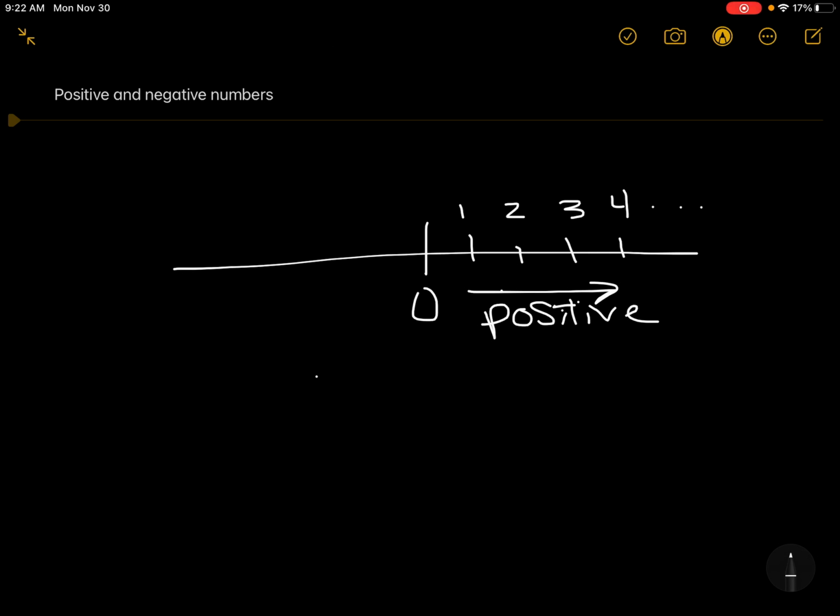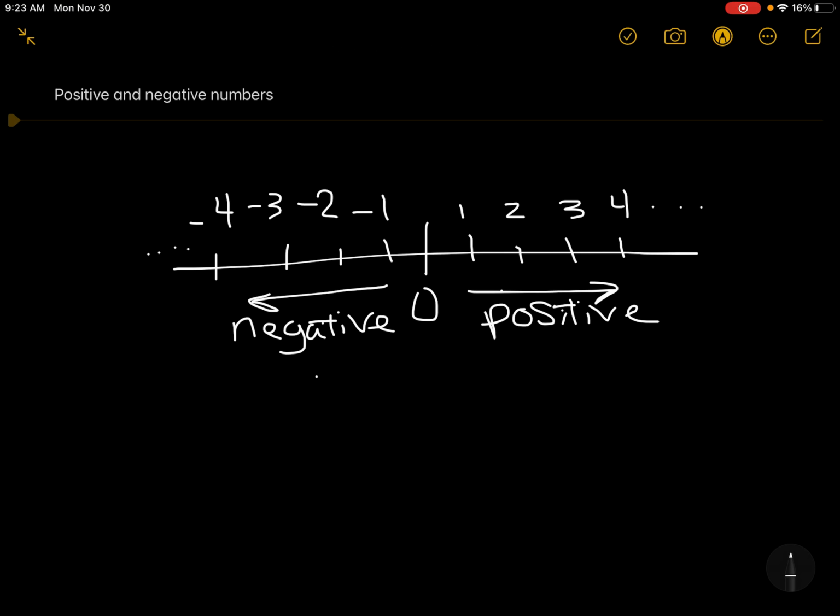And everything to the left of that 0 is going to be negative. So at that point, we are seeing the completely mirrored opposite of positive, though they are negative integers. -1, -2, -3, -4, and so on into infinity.